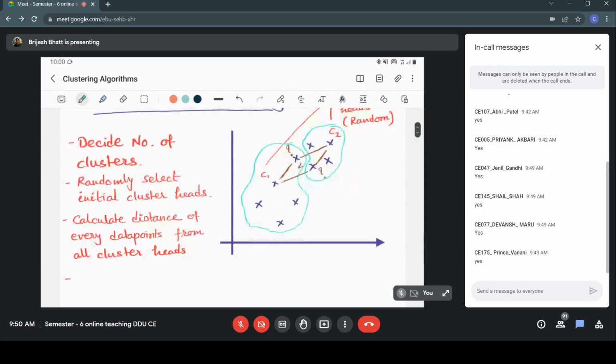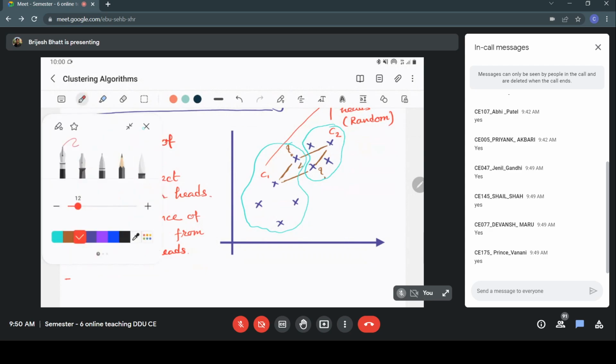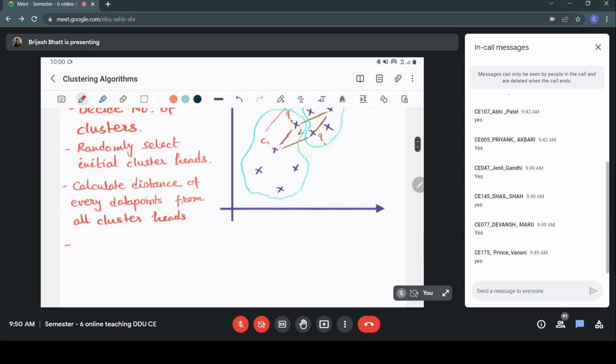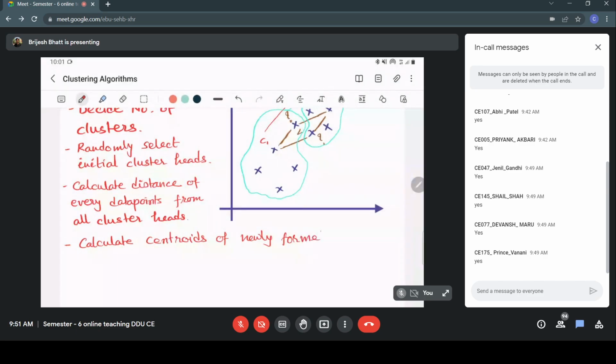Now once this is done, after the first iteration, what we do is calculate the distance of every data point from all cluster heads, then calculate the centroids of the newly formed clusters.